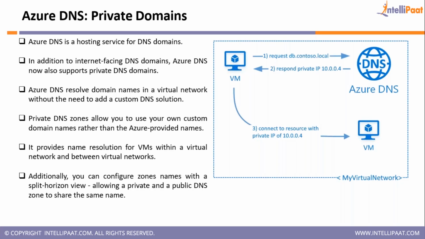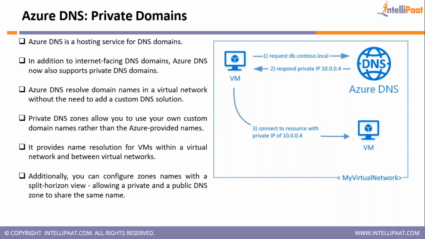And how useful it's going to be for you, we'll try to understand in the next slide. But yes, you can start doing that as well. It provides name resolution for VMs within a virtual network and between virtual networks. Yes, it will start doing that. It's happening right now as well, but you can use private DNS zones as well.